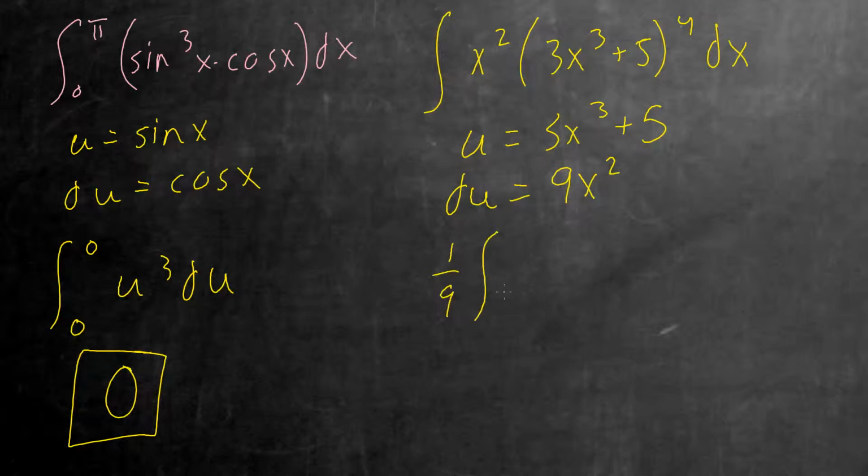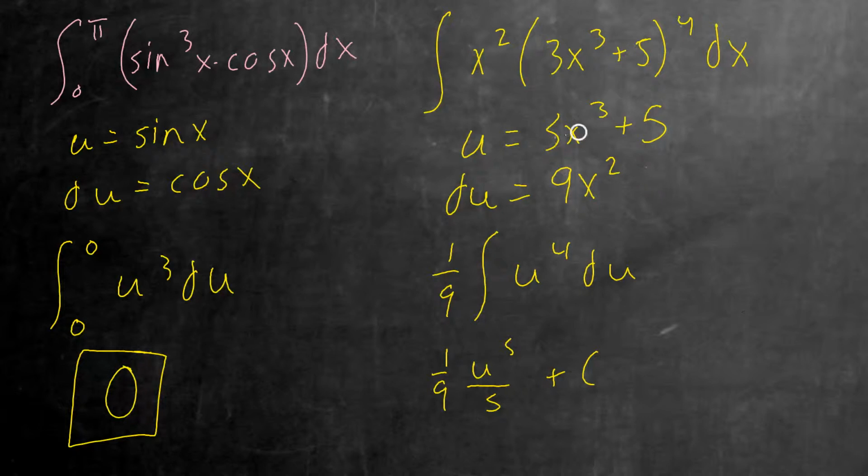So 1/9 of u to the 4th du, which is 1/9 u to the 5th over 5 plus c. Put my u back in, multiply those guys. I'll probably put it as 3x cubed plus 5 to the 5th power divided by 45 plus c.